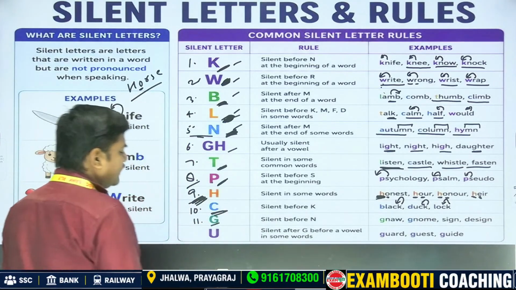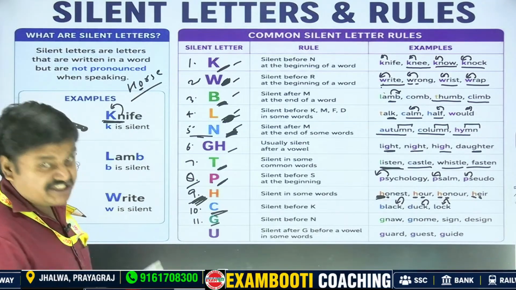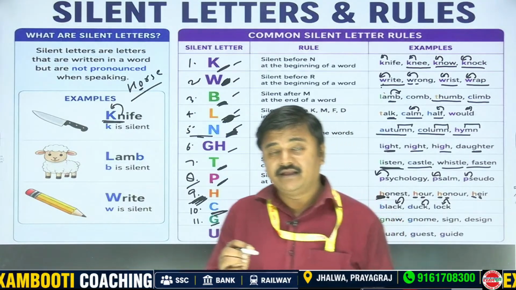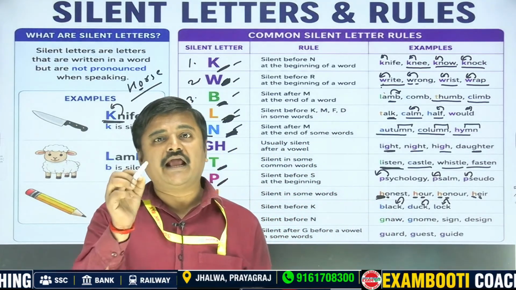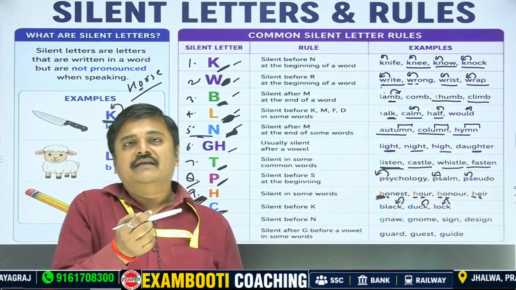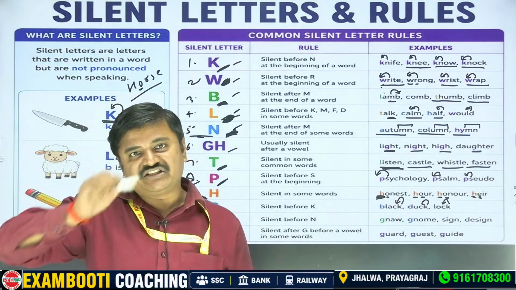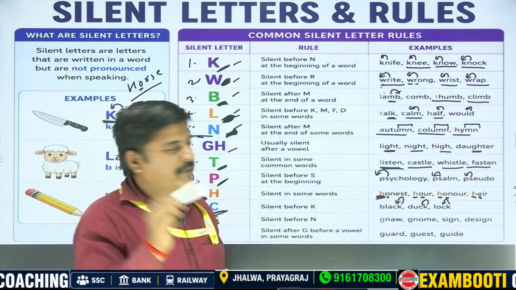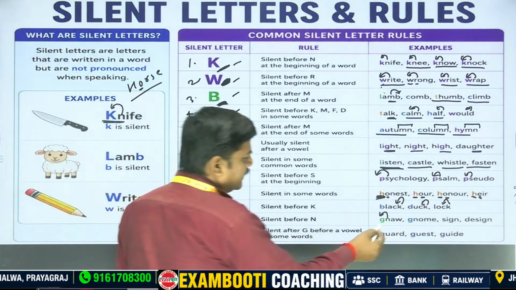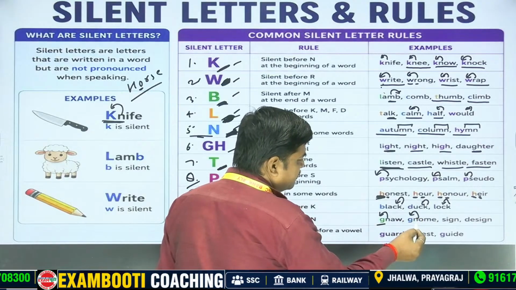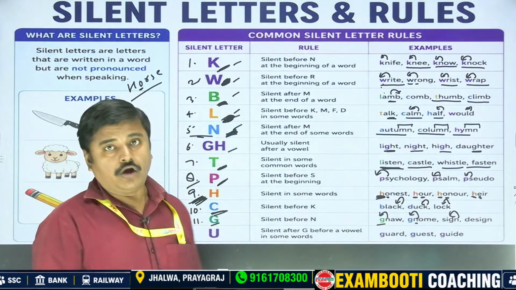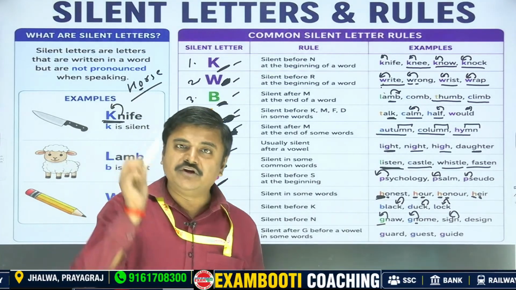Rule number 11 is related to the sound of G, when G comes just before N. When you see G just before N, like in the word know, G-N-A-W, know.